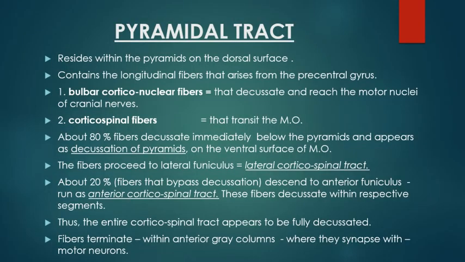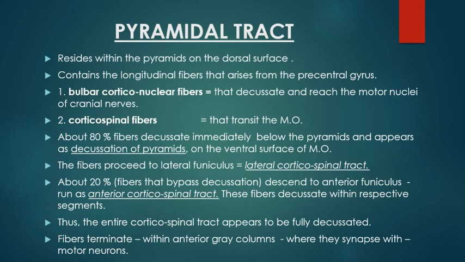Next we study the pyramidal tract. The pyramidal tract resides within the pyramids on the ventral surface. It contains the longitudinal fibers that arise from the precentral gyrus. The fibers are bulbar corticonuclear fibers and corticospinal fibers.